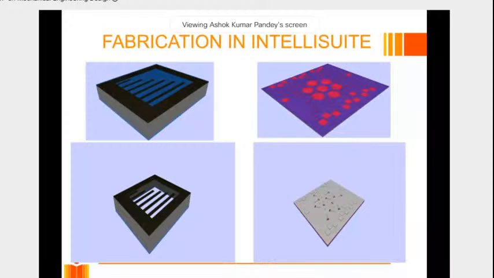For each and every fab there are different parameters. Okay, so we need to be careful. We need to know what the process parameters of a given lab are, and based on that only we need to tune our design. So before you start the design, you should always look for in which fab you are going to fabricate. Of course, when you don't have a fab to fabricate in, you can always start with standard dimensions without considering many defects.